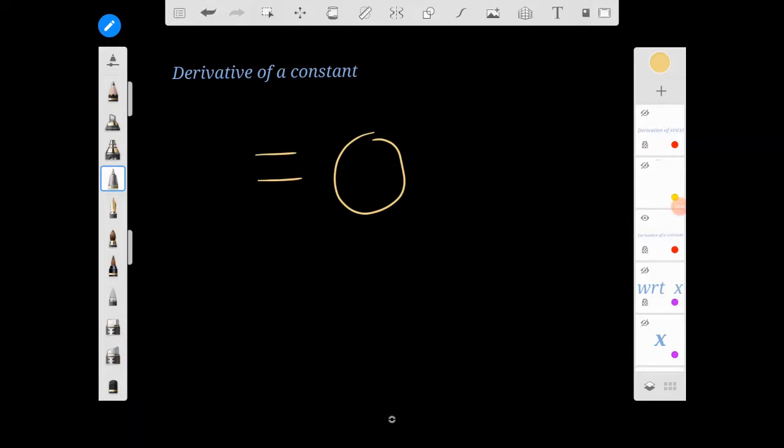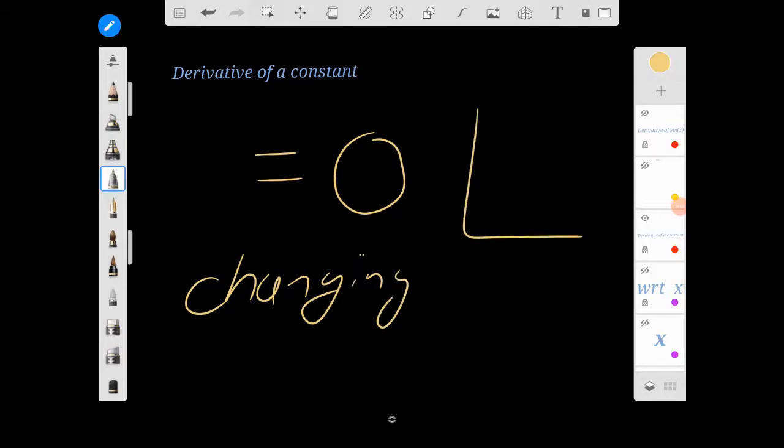And by the way, always remember that the whole topic of calculus is only applicable for changing things. That is why when our distance was changing with respect to time, we could do the differentiation.